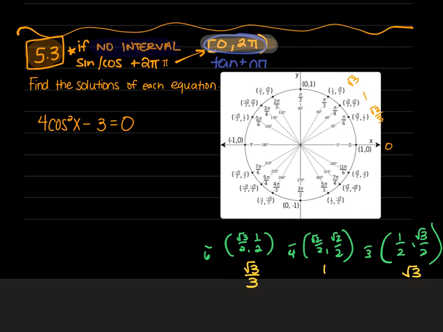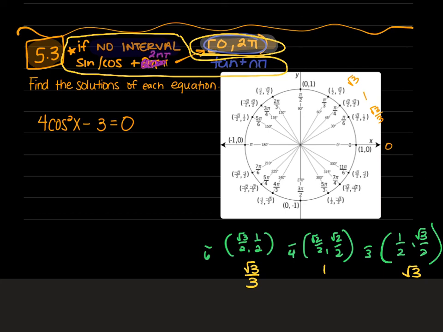So remember that if it's got an interval, like 0 to 2 pi, with parentheses there, you're going to give everything that's on your unit circle, everything for sine, cosine, or tangent. If it doesn't say that, then for sine and cosine, you're going to add 2n pi.